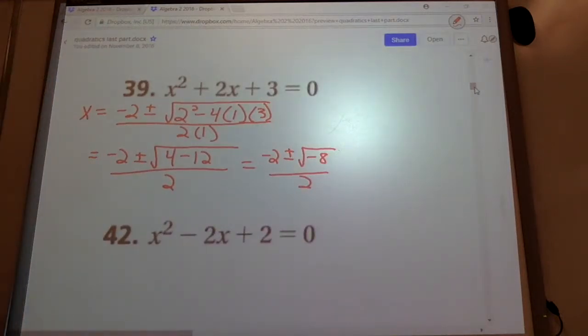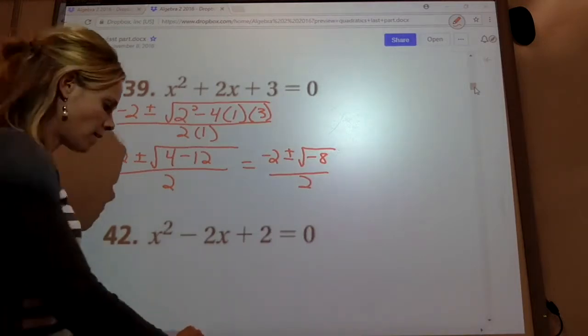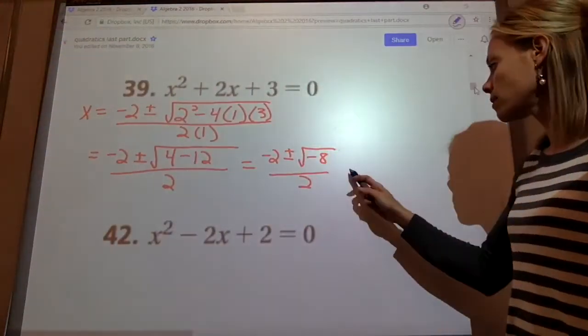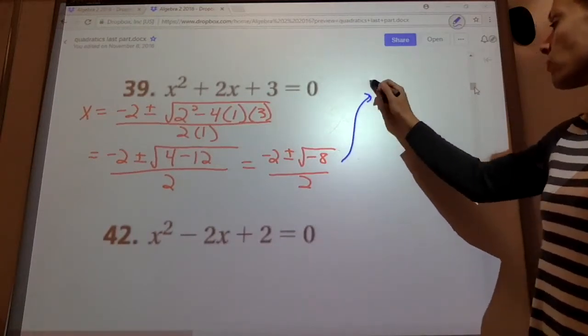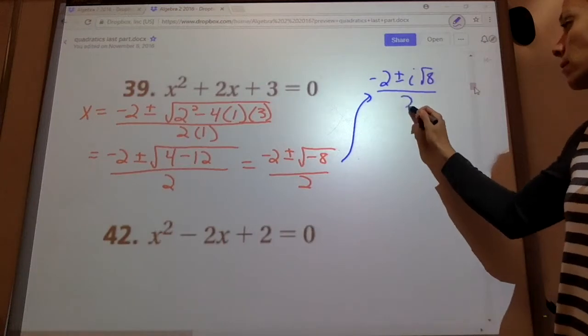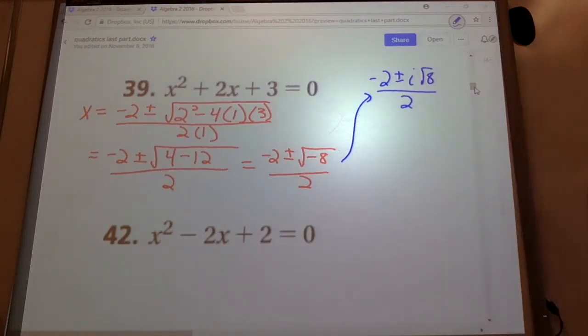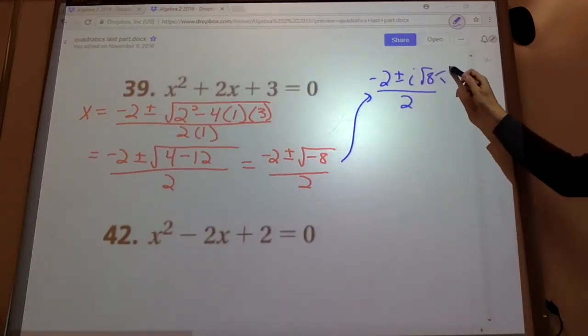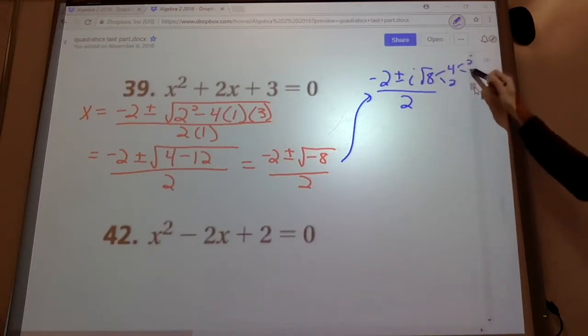So all of my operations are done, but just like before, you need to simplify that. What you should notice first is that there's a negative underneath the radical, so I have to first take out an i. So negative 2 plus or minus i root 8. Now that 8 I can break down: 4 and 2, 2 and 2.